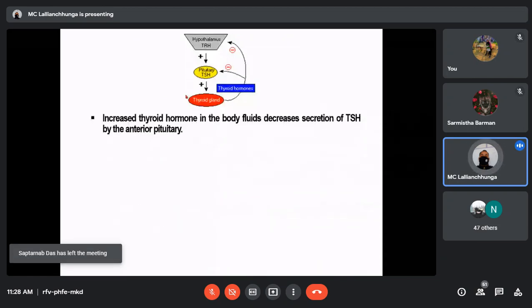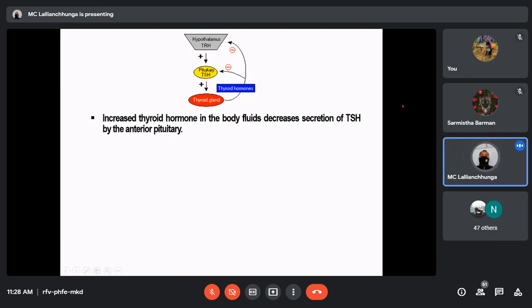But increased thyroid hormone in the body fluid decreases secretion of TSH from the anterior pituitary gland because of, as I've already told you, the negative feedback mechanism. Suppose TSH is stimulating the thyroid gland, synthesizing and secreting T3 and T4.